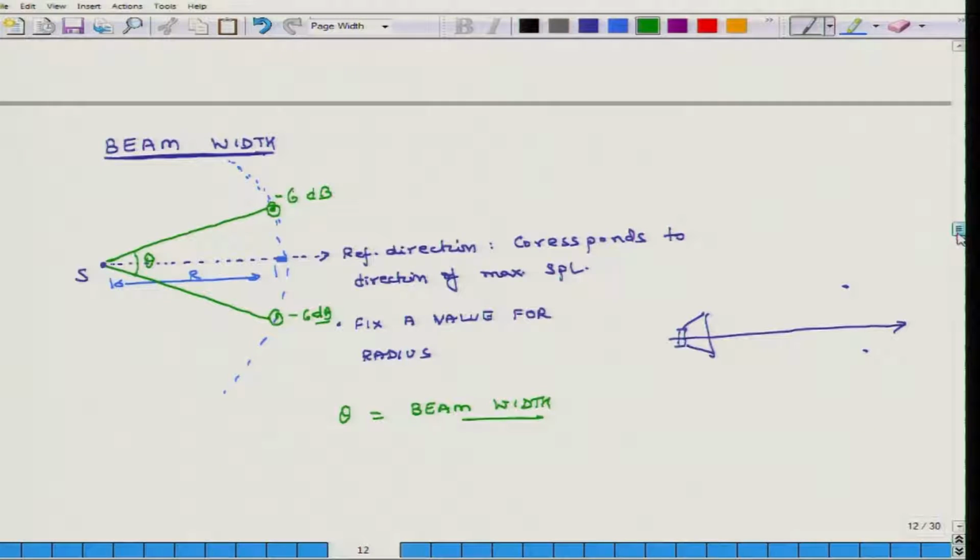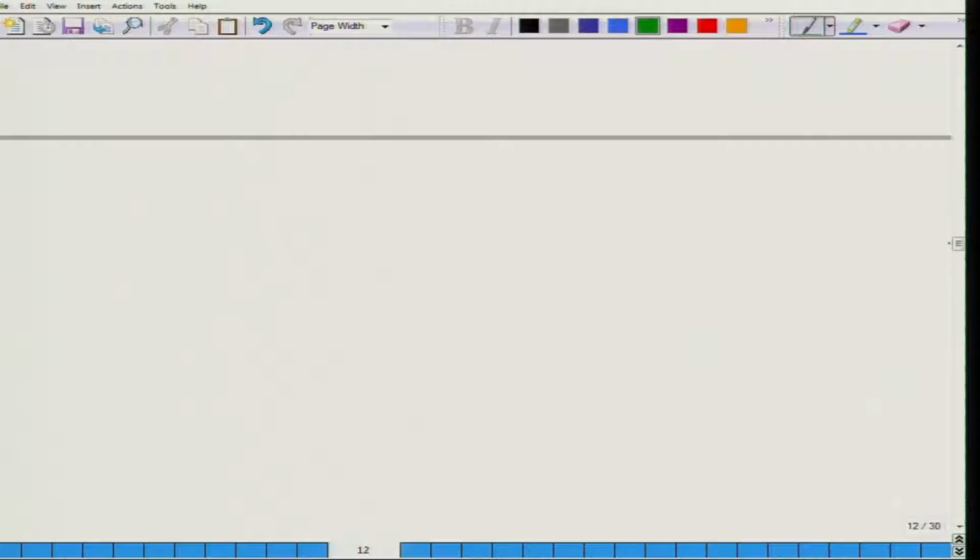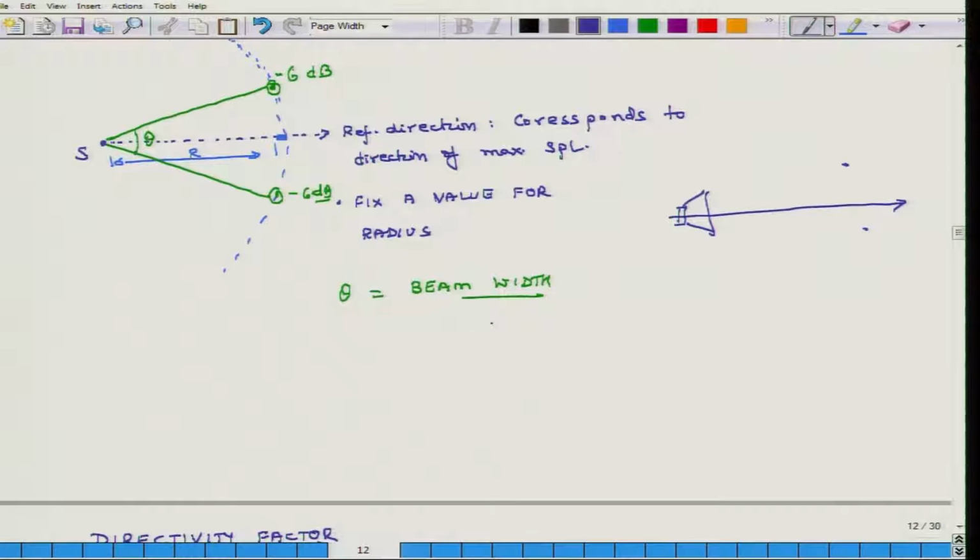The third parameter for measuring directivity is called directivity factor. But before we talk about it, I would like to reiterate that beam width can change with frequency.